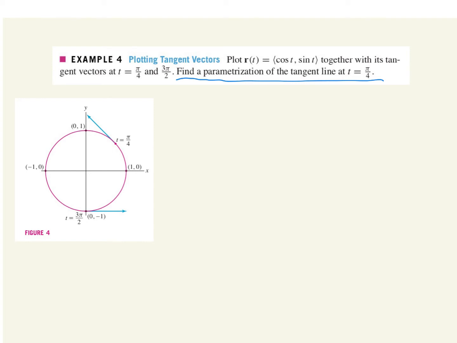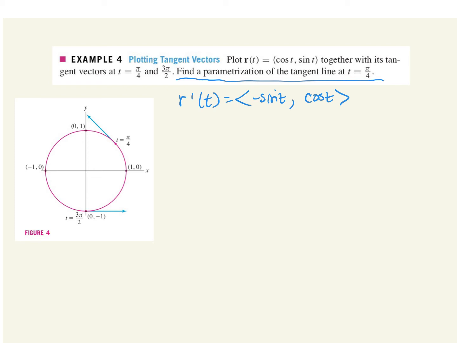So similar to the thought process that we had all year, if we're looking for that tangent line, we are thinking point slope line. Same type of process, right? I'm going to come up with my derivative first for my slope. So my r prime of t becomes negative sine t, comma, cosine t.